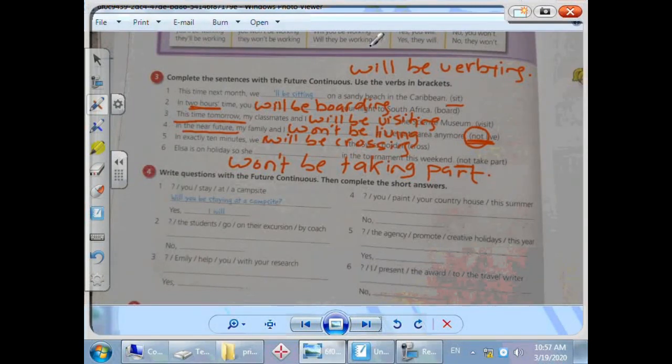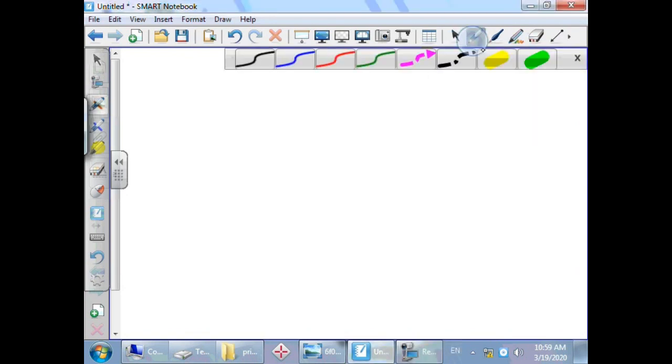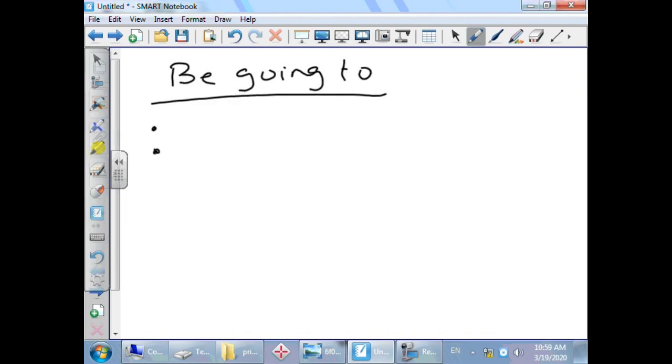Okay, now the next form that I will teach you is be going to. So we're going to use the future with be going to. When do we use be going to? In 2 types, okay? To talk about future plans and intentions. So when we talk about the future plans and intentions that we have, for example, next summer we're going to spend.